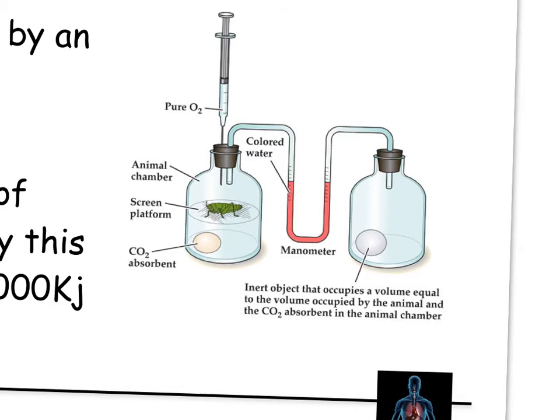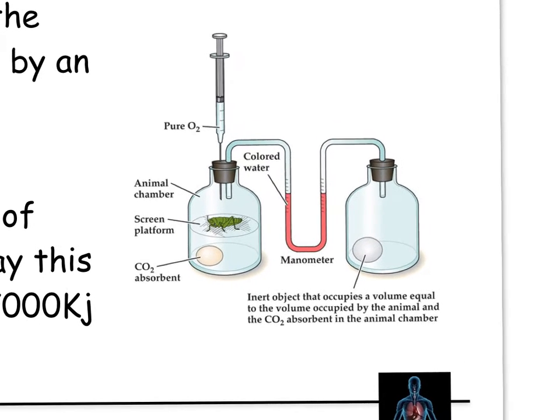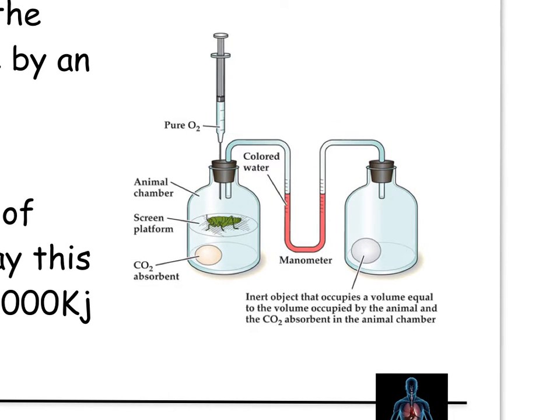with this one here, you can measure how much oxygen the animal is using up. So this is a bit like the respirometers you saw in National 5. You've got here your wee living animal, in this case a kind of cricket looking animal. And you've got something that absorbs carbon dioxide.